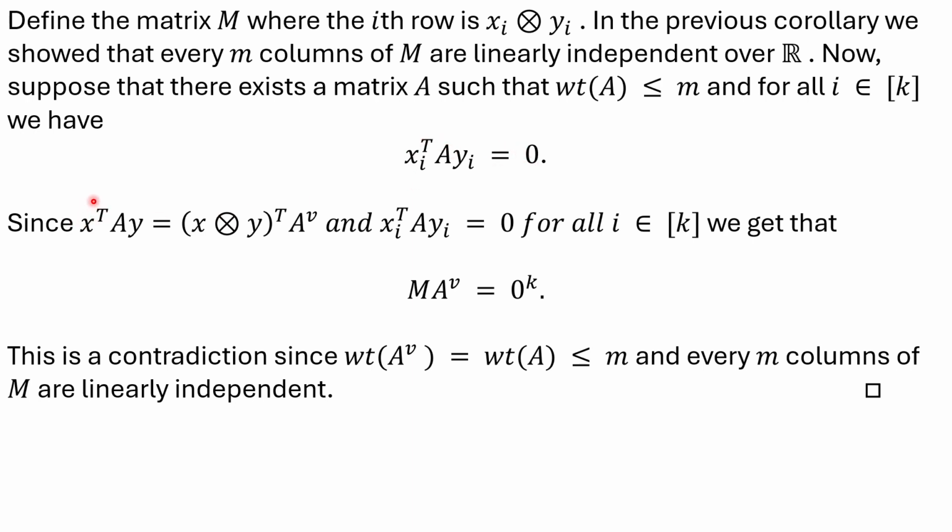Since x transpose A y is equal to the tensor product of x and y transpose A_V, and x_i transpose A y_i is equal to 0 for all i from 1 to k, we get that M, the matrix we defined, multiplied by A_V, the vector we defined, is equal to a vector of all zeros. This is a contradiction, since the weight of A_V is equal to the weight of A, which is less than m, and every m columns of M are linearly independent.